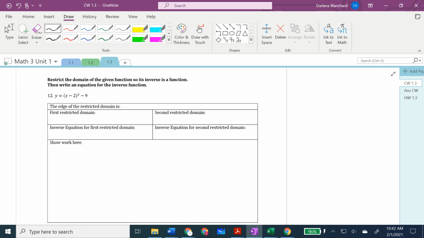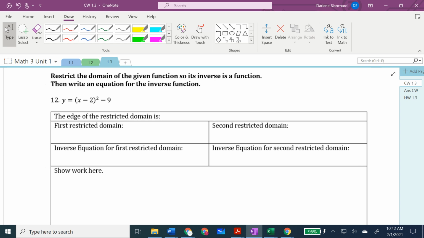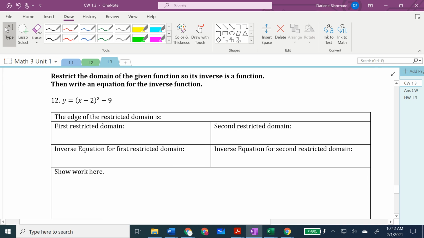Okay, look at the equation. What is the x-coordinate of the vertex? Who's with me? What is the x-coordinate of the vertex? (2, -9). Mm-hmm. The vertex is (2, -9). And which one is the x-coordinate?